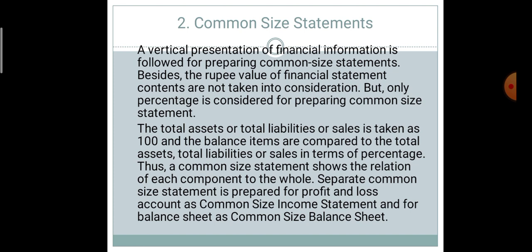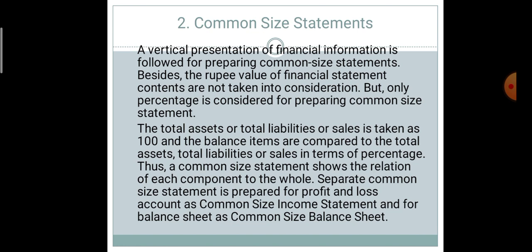Separate common size statements are prepared for the profit and loss account as common size income statement and for the balance sheet as common size balance sheet. Here we have the common size balance sheet. Again I'll explain.